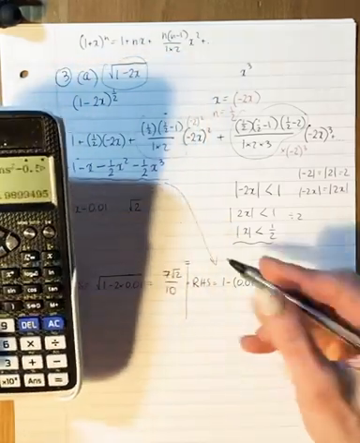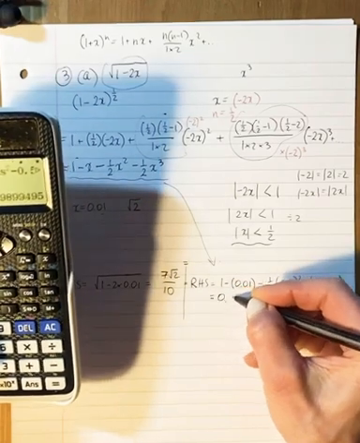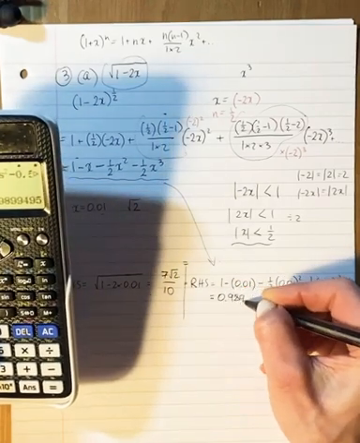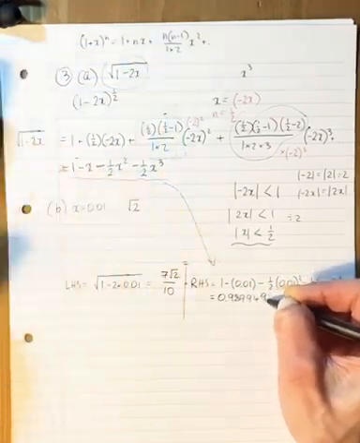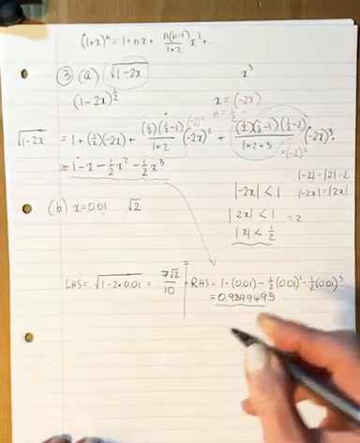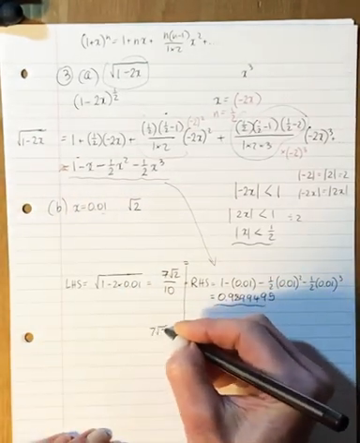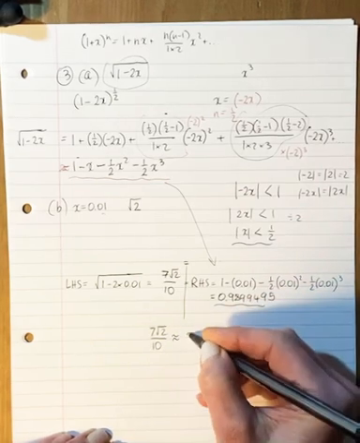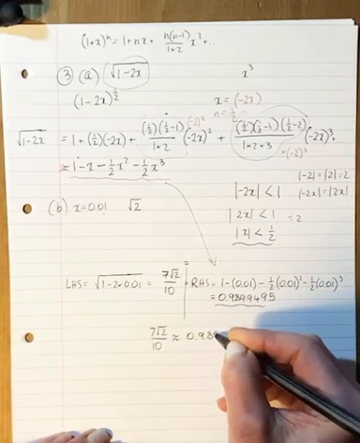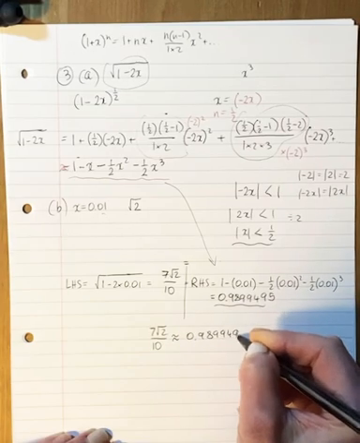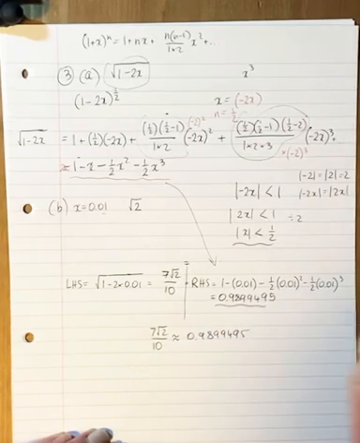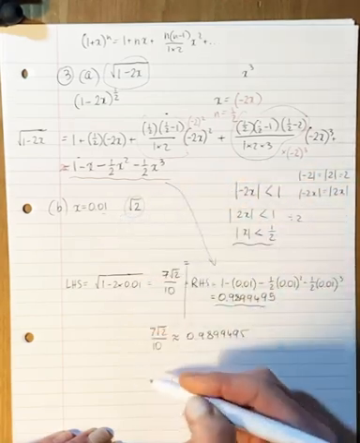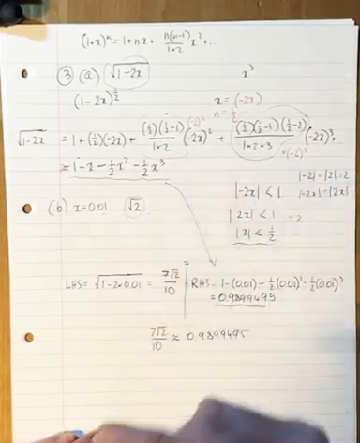There you go, and the answer we obtain is 0.98999495. Okay, so what we found is that 7√2/10 will be approximately equal to 0.98999495. Well, how am I going to use this to find the answer for √2?